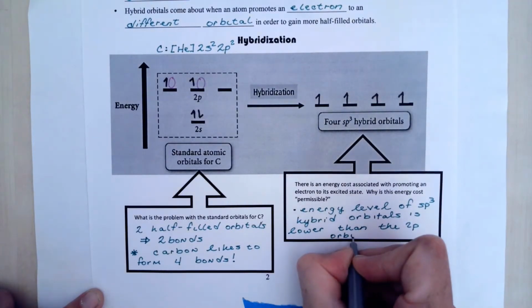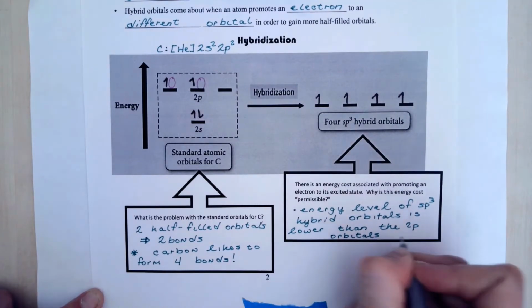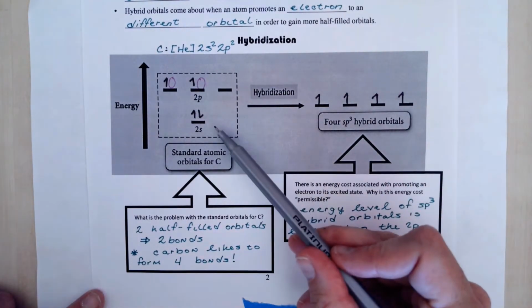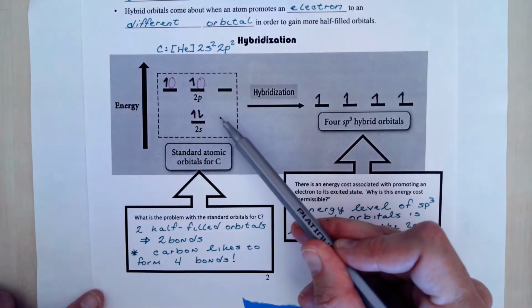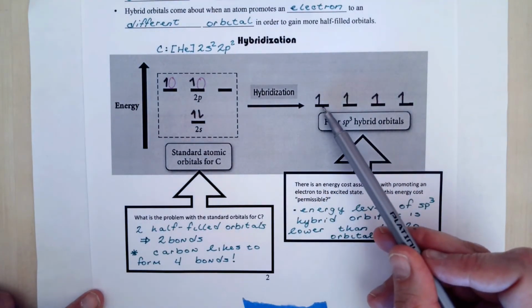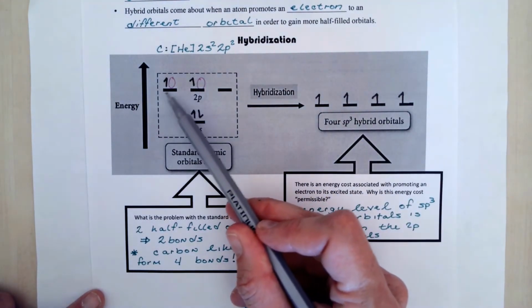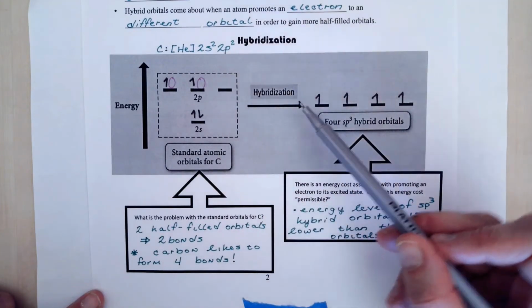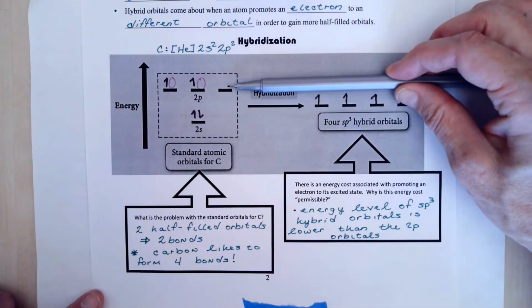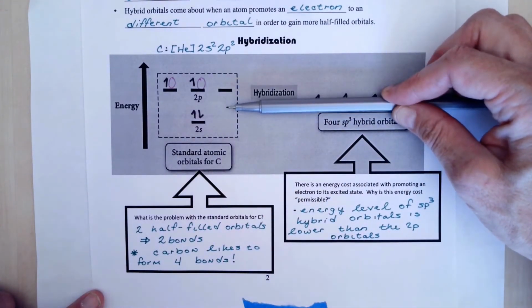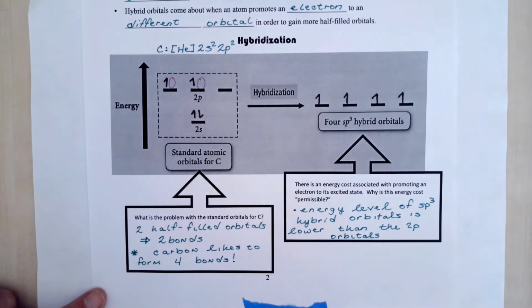So yes, one of the electrons had to move up to a slightly higher energy, but then you gained energy by lowering the energy of the 3 2p orbitals. So overall, there's been a gain in energy. The system put out a little bit of energy, but definitely gained more energy at the end of the day.